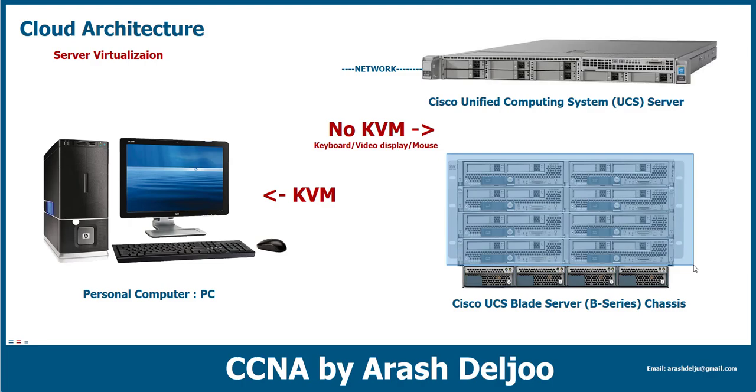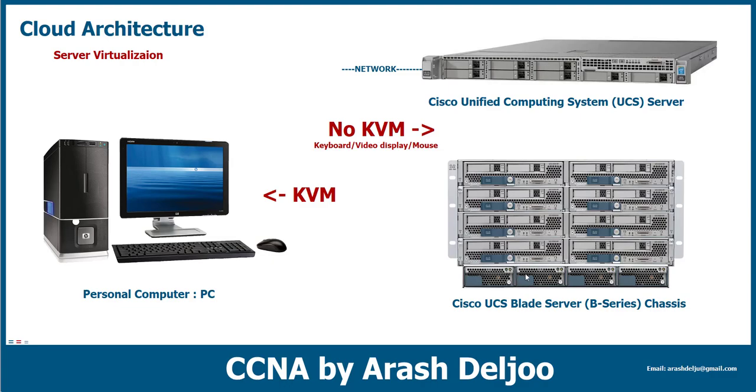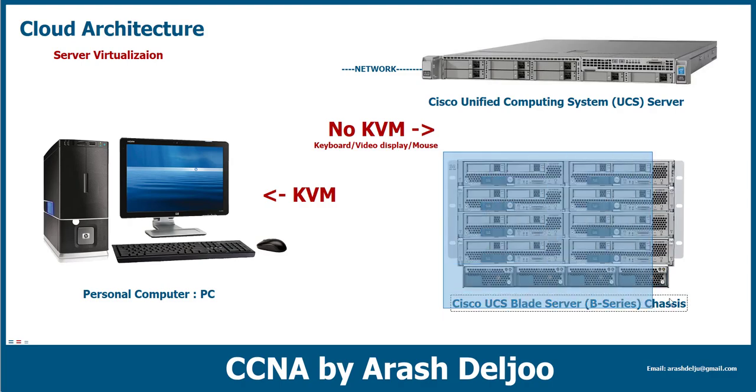Blade means we have a box, we have a chassis. In this chassis, we can inject, for example, 8 servers. And here we have some power supplies. This is a power supply, this is a power supply, this is a power supply, this is a power supply. But here we have 8 servers. Maybe you ask me why we should inject 8 servers into one blade.